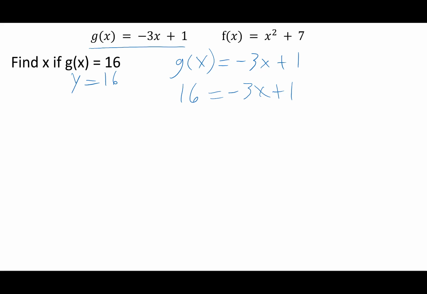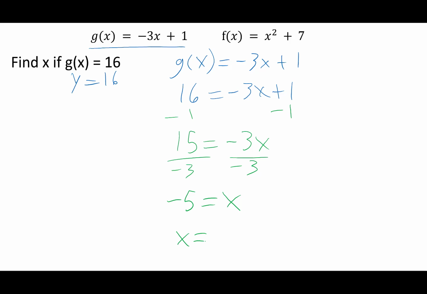So now I can solve this for x. First thing I'm going to do is subtract 1 on both sides. I get 15 is equal to negative 3x. Divide both sides by negative 3, and we get negative 5 is equal to x.